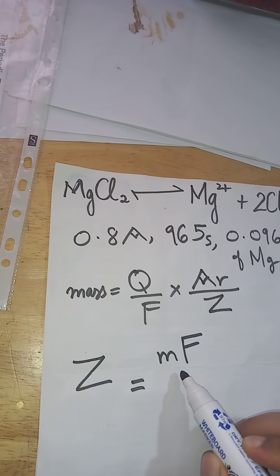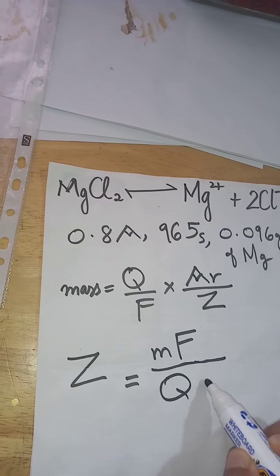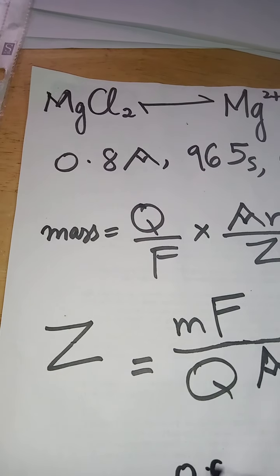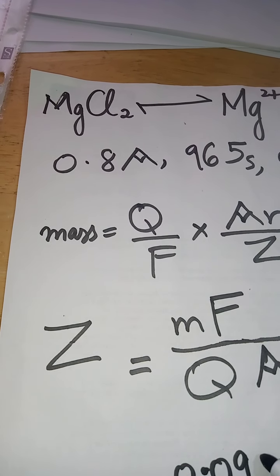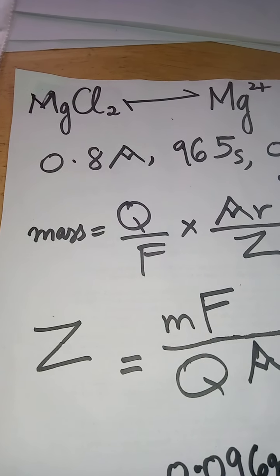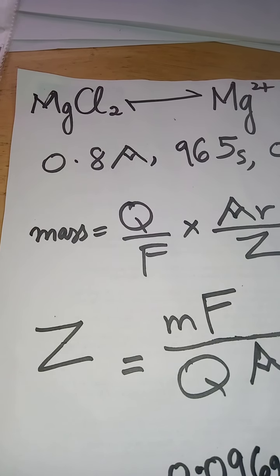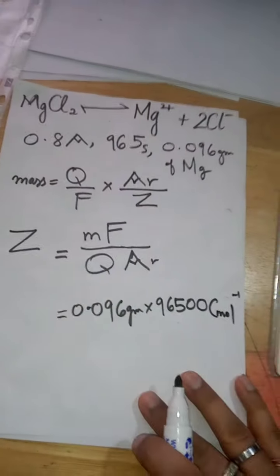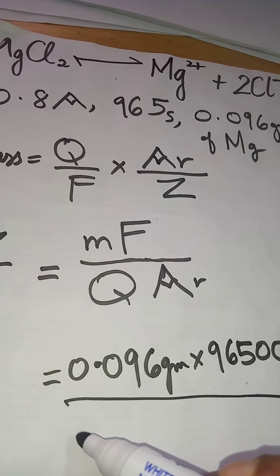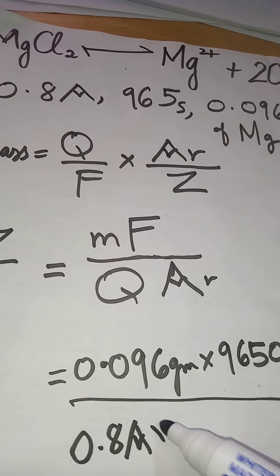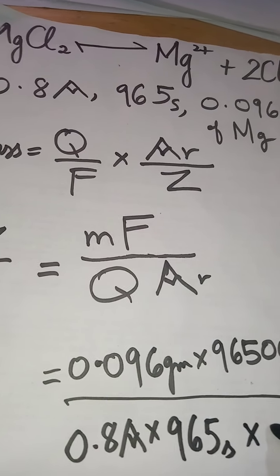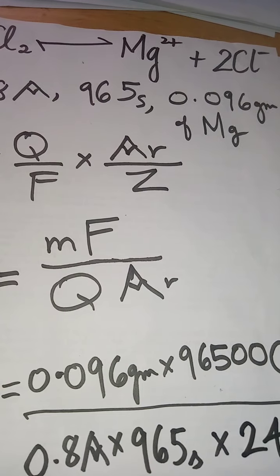That'll be Z equals MF divided by Q and the Ar. So I would do 0.096 grams times 96,500 coulombs per mole, divided by IT, which is 0.8 amps times 965 seconds, times 24 grams per mole.